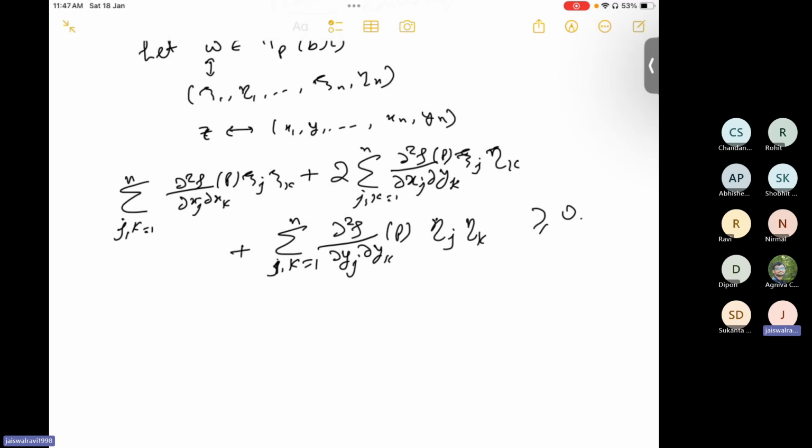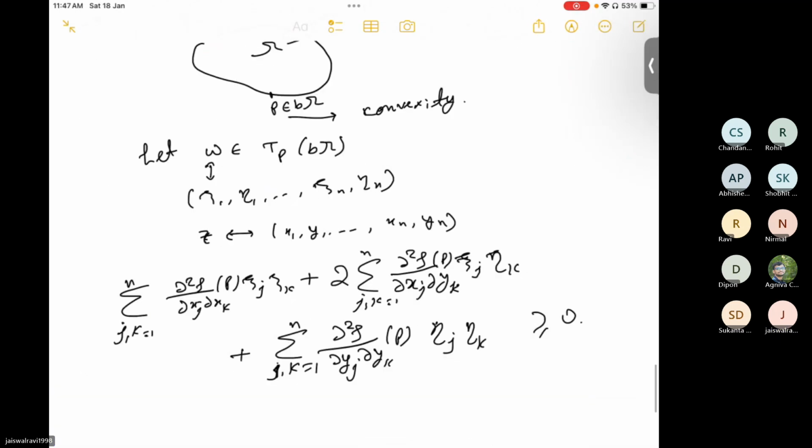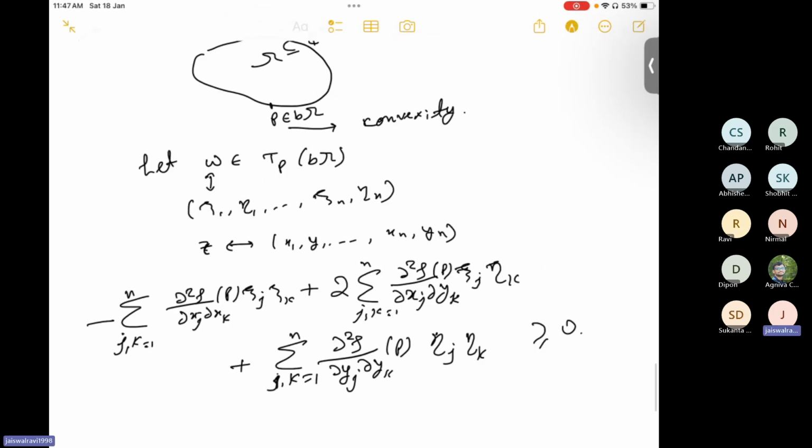Say this expression on the left is equation 4.